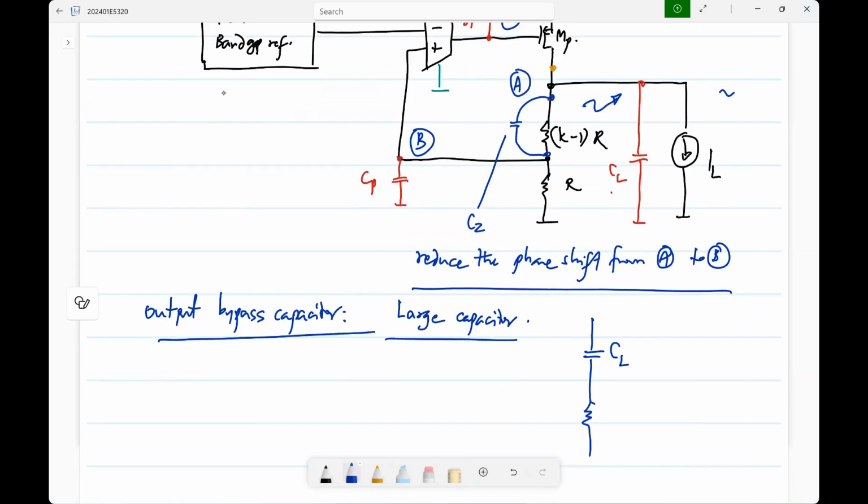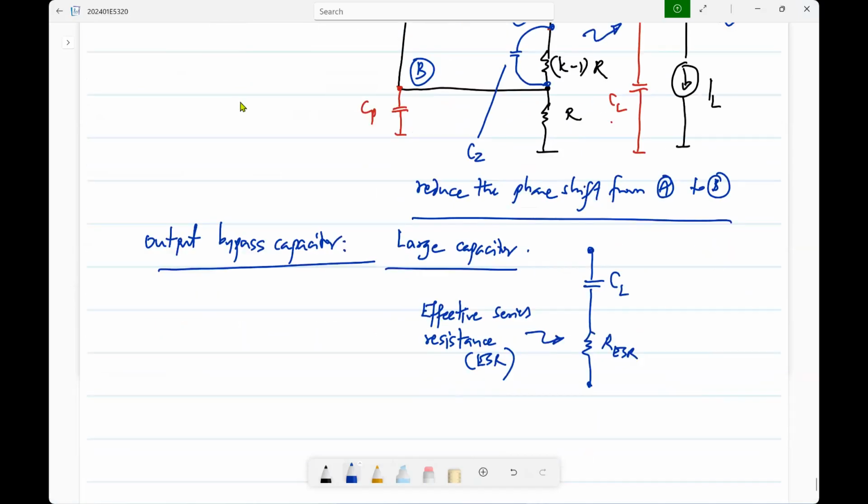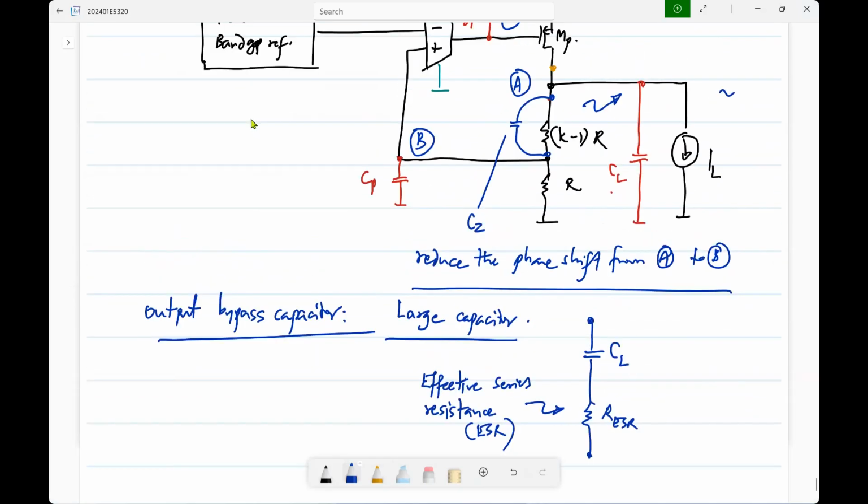I mean, you connect wires, it will have a series resistance, but a large capacitor will have more. So this is called effective series resistance or ESR. Okay. So what happens because of this?